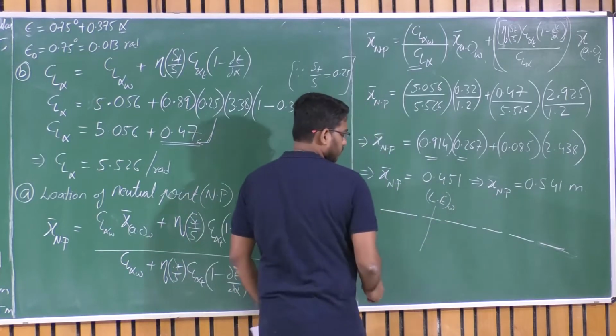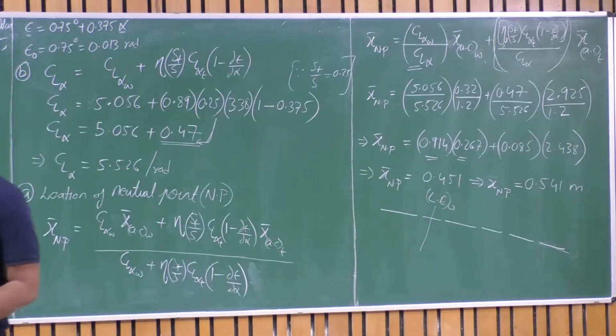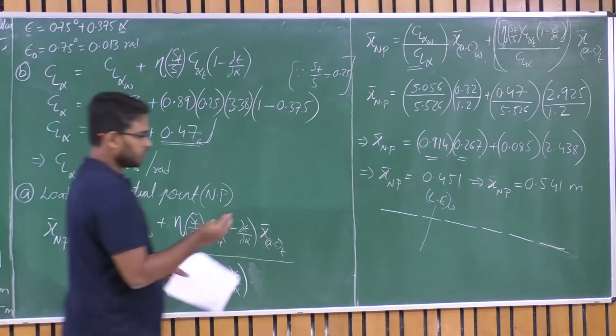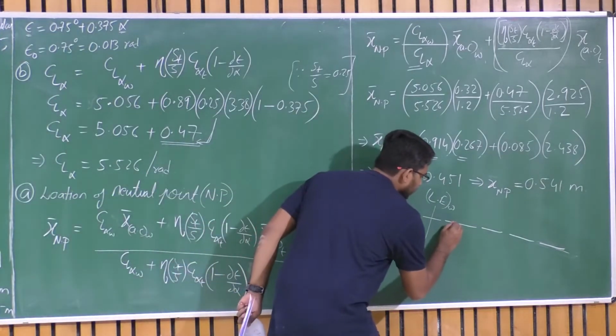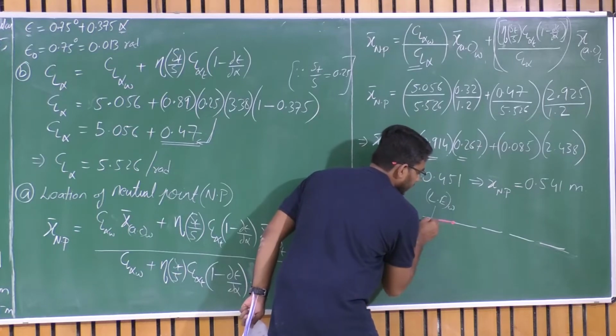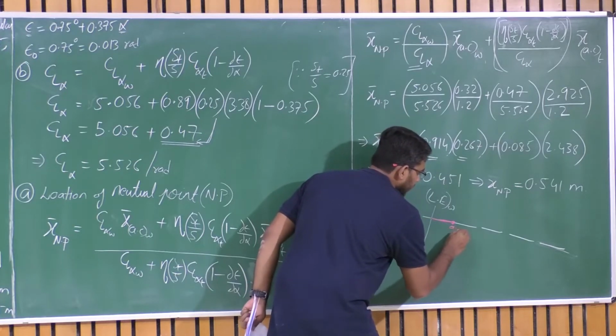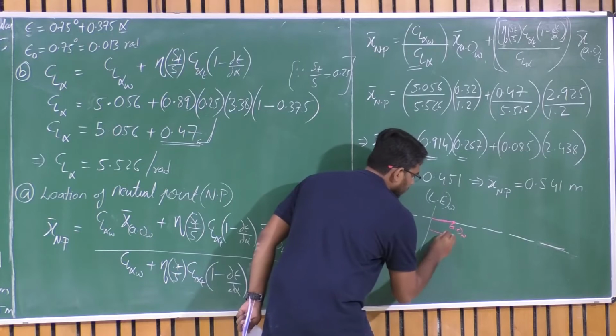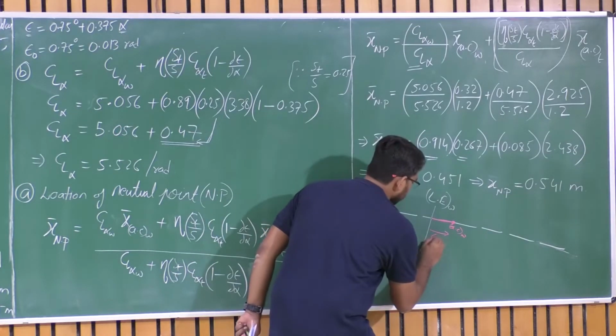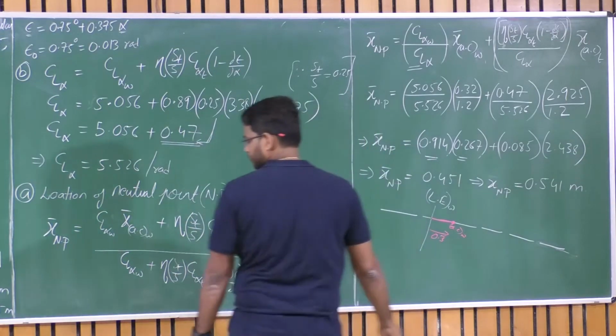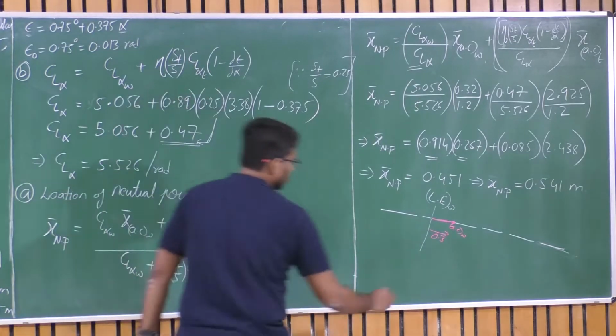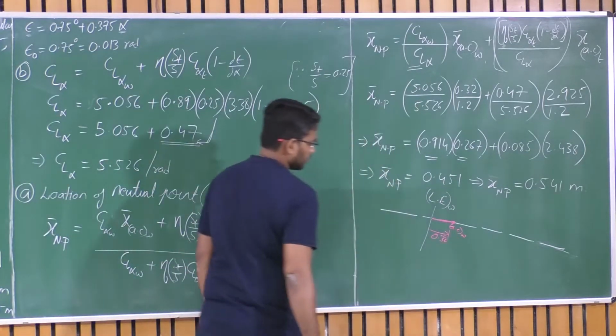So the wing AC, aerodynamic center of the wing, is located at a distance here, 0.32 meters. This is 0.32 meters.